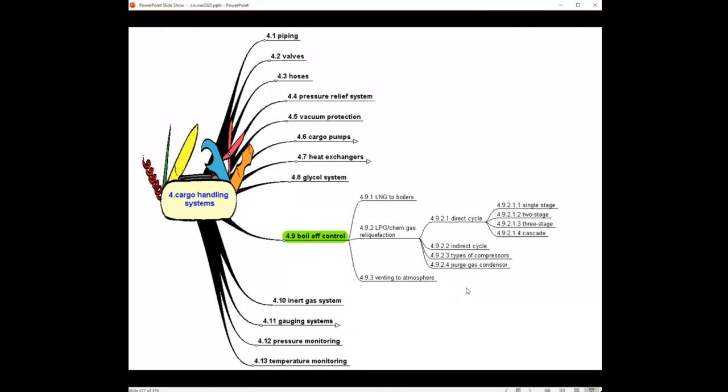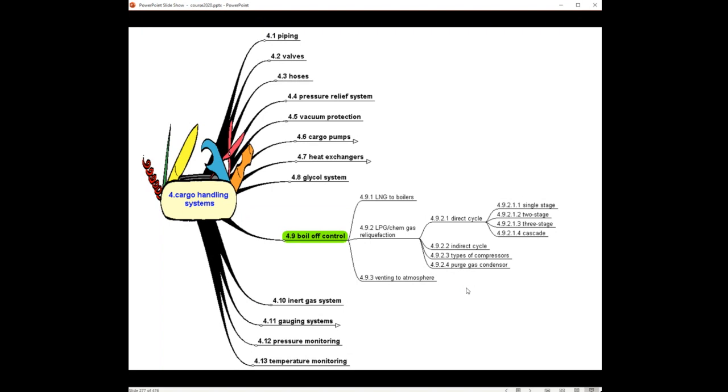Another possibility is to send the boil-off to a reliquefaction plant where this gas is reliquefied. There we have the direct cycle system and the indirect cycle system, where we will go into detail soon.